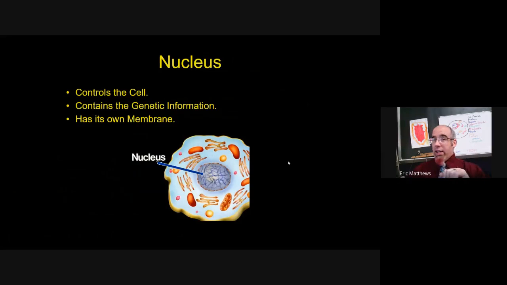That is because it contains the genetic information. The genetic information is like the booklet that tells the cell how to do all the things that it needs to do. He who controls the information controls the cell, because the nucleus has the DNA information within it. It is therefore the boss.